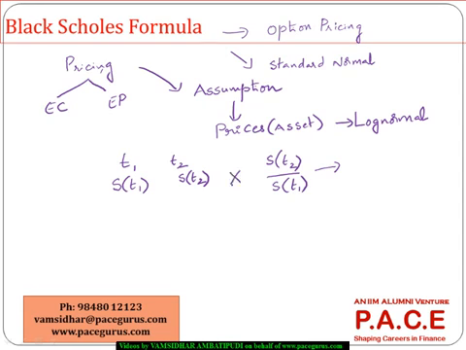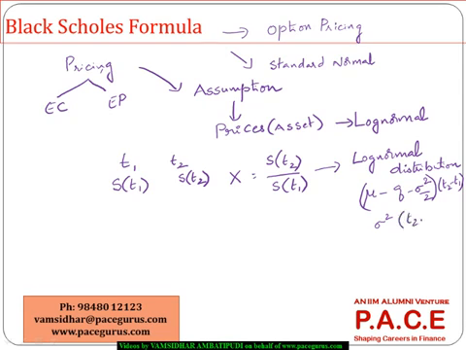If I am defining probably X as S of T2 by S of T1, this is going to follow a log normal distribution, and the parameters of this log normal distribution are going to be mu minus q minus sigma squared by 2, and because we are talking of two time periods T2 and T1, the parameters are mu minus q minus sigma squared by 2 times T2 minus T1, and sigma squared times T2 minus T1.